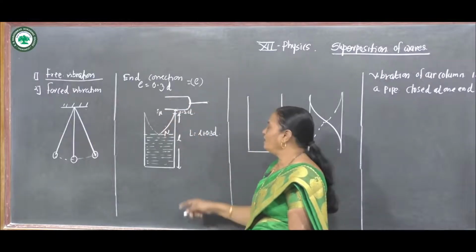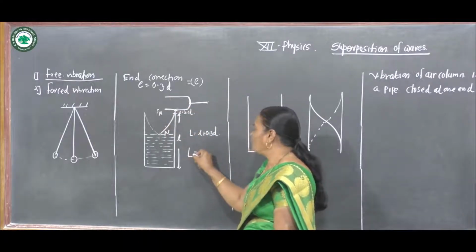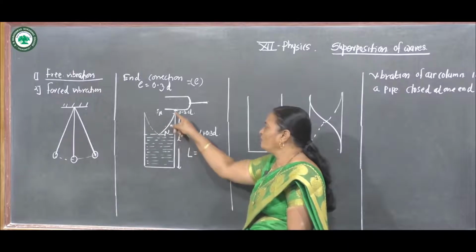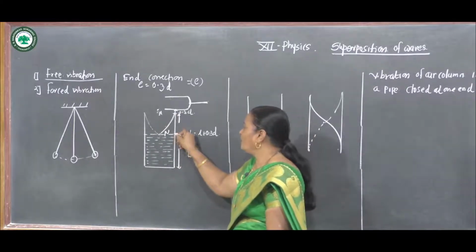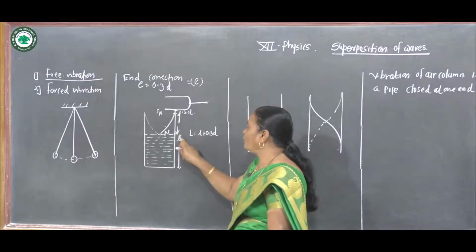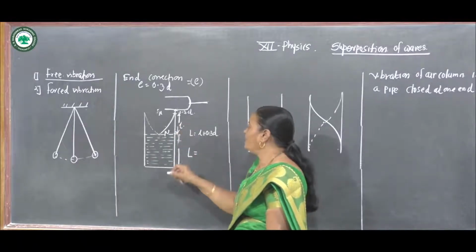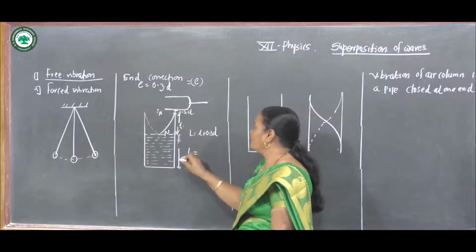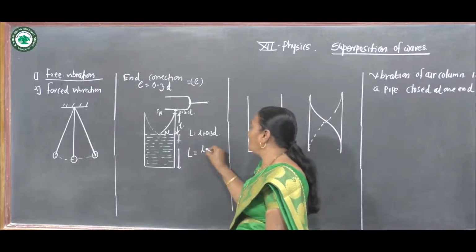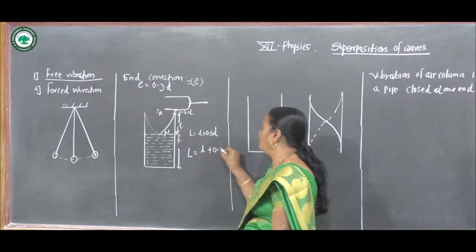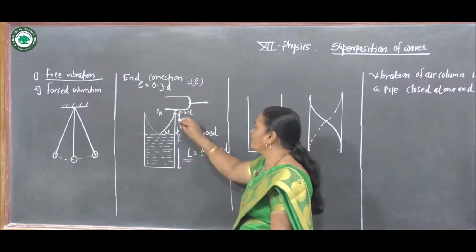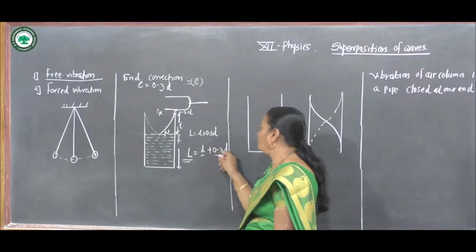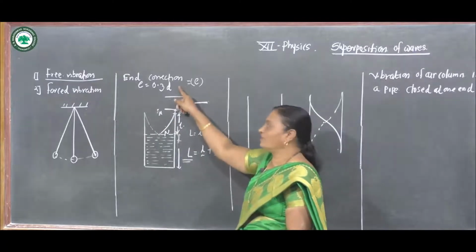Then the corrected length, see, L is the length of air column here, and the corrected length is L plus 0.3D, where L is the length of this air column and 0.3D is the end correction.